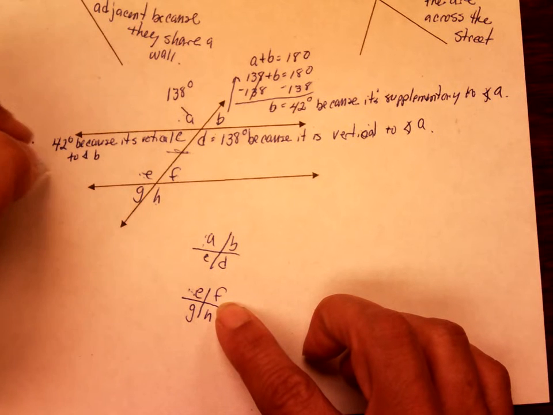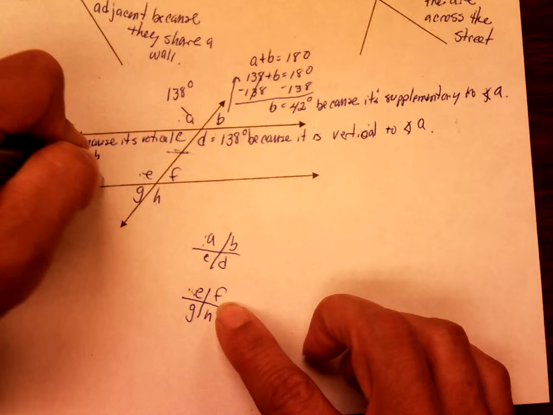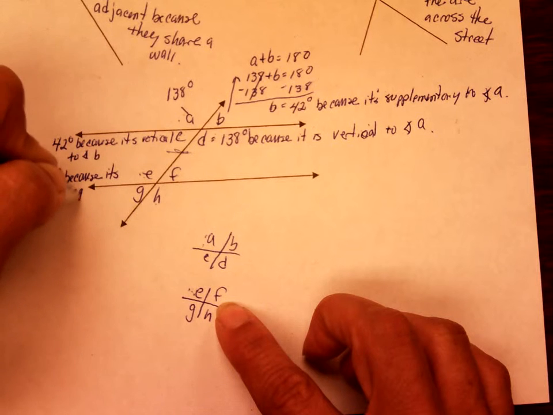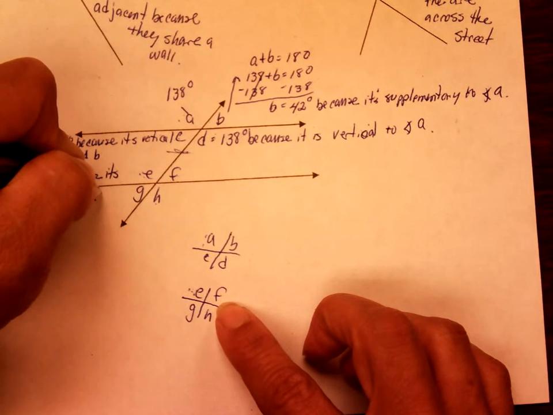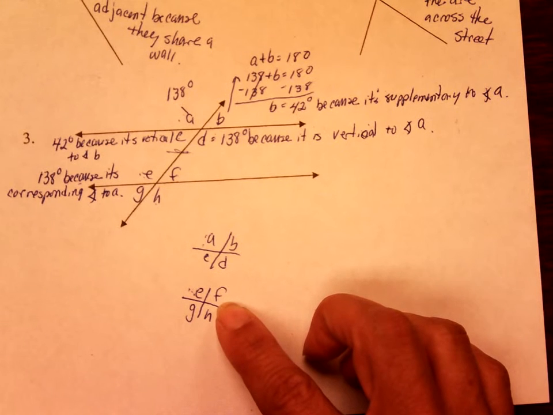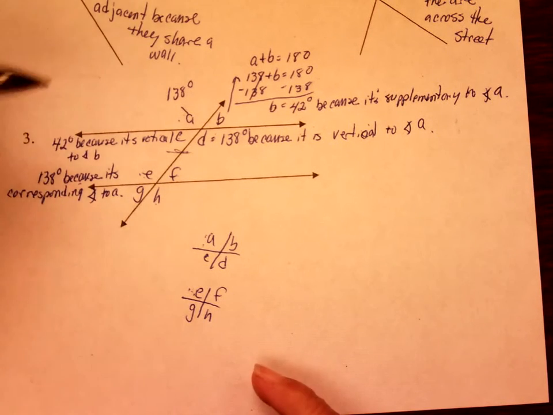So E is 138 degrees because it's a corresponding angle to A.